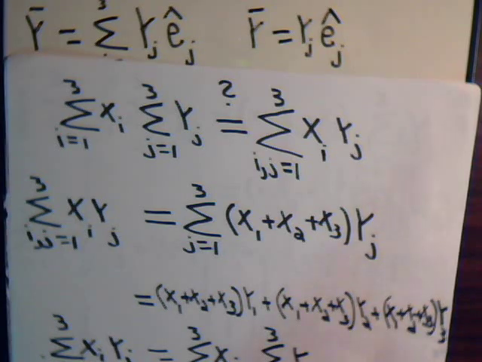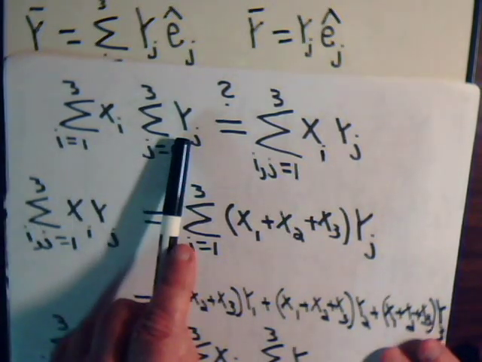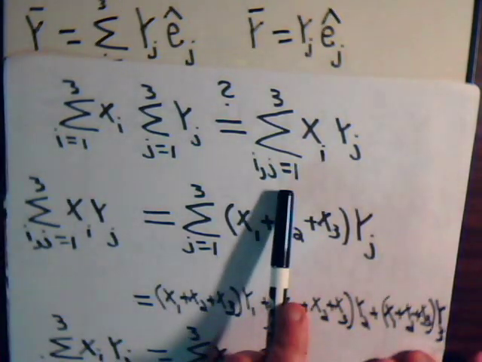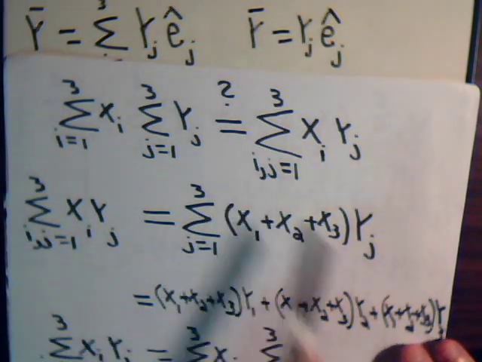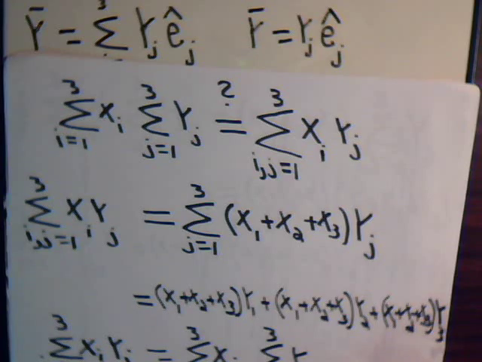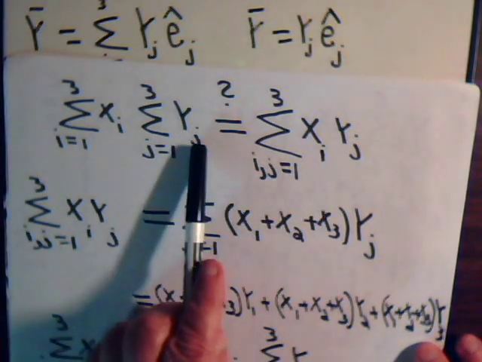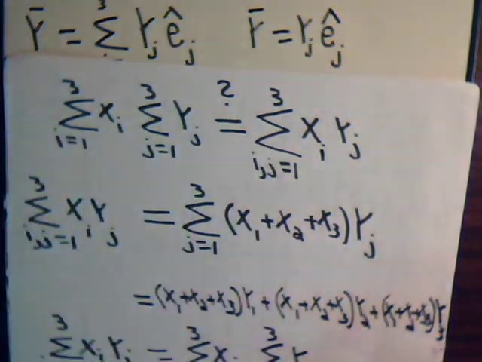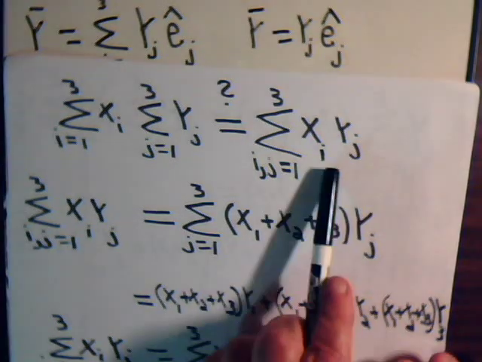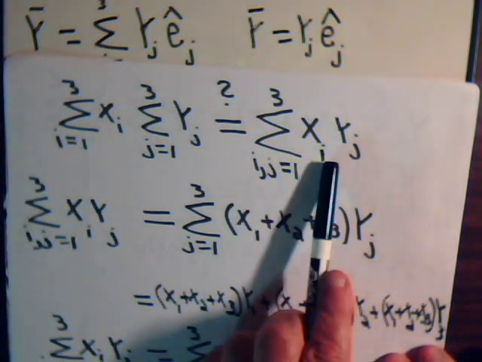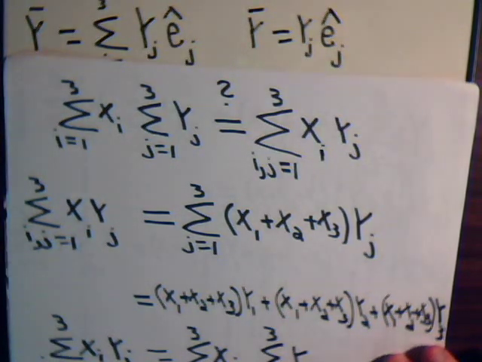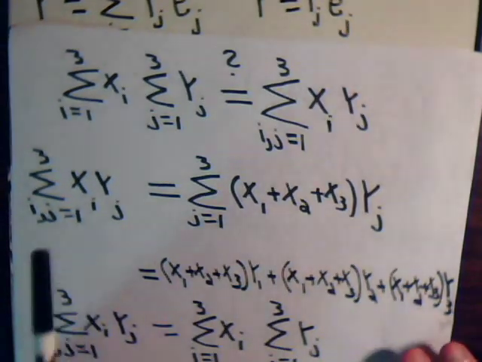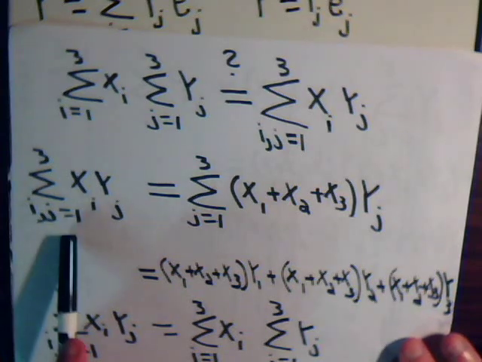Now, what happens if we do our multiplication, but we have it inside a single summation sign, but here we're summing over a double index, i and j? Is this the same as that? So let's see. We have this under the same summation sign, summed over i and j. So let's ignore j for the moment and just sum over i.